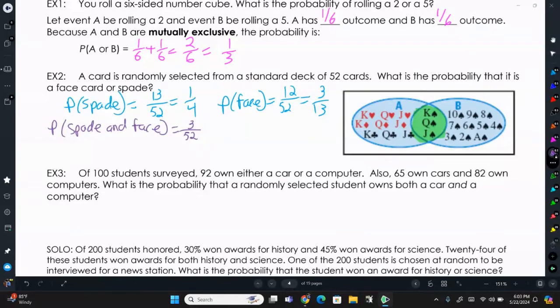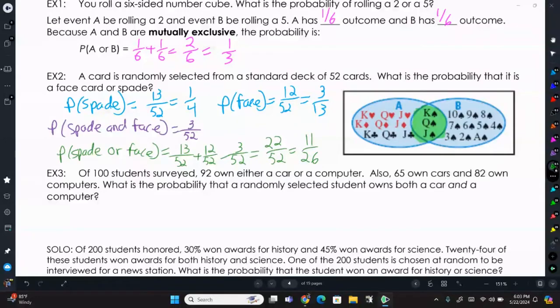So now we can figure out the probability of a spade or face card is going to be 13 out of 52 plus 12 out of 52 minus 3 out of 52. And that equals 22 out of 52, which is 11 over 26.